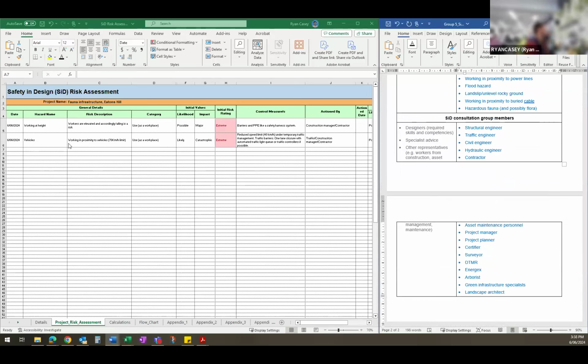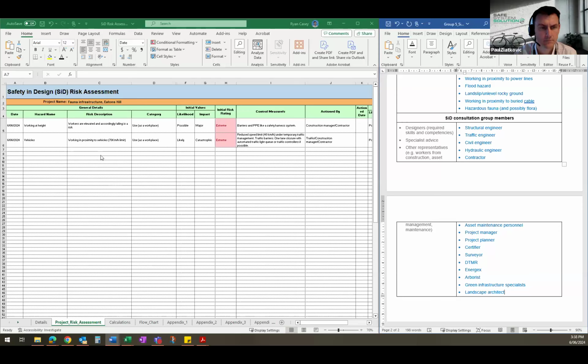So for the ones we put in the safety and design risk assessment spreadsheet, we did it last minute, so we just put in working at height and the vehicle ones. Aside from the terrain itself being elevated in places, presumably someone's going to need to be elevated doing the actual work at some point as well.